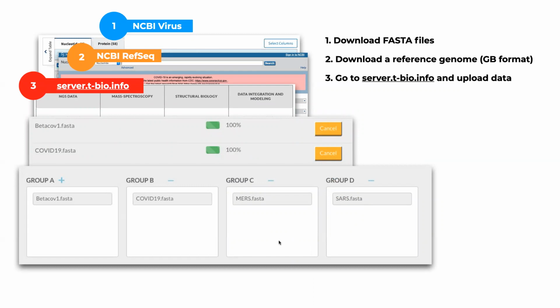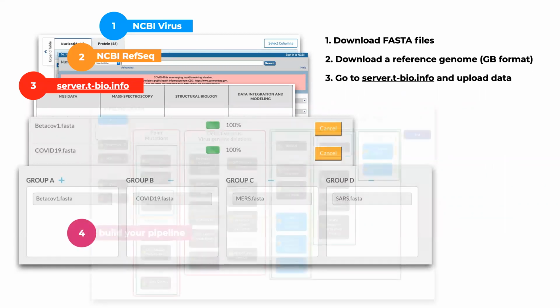So here I have an example, and some of those files were shared with all of you: beta coronaviruses, COVID-19, MERS, and SARS, and we can look at comparisons between them. Now, what would the pipeline look like?